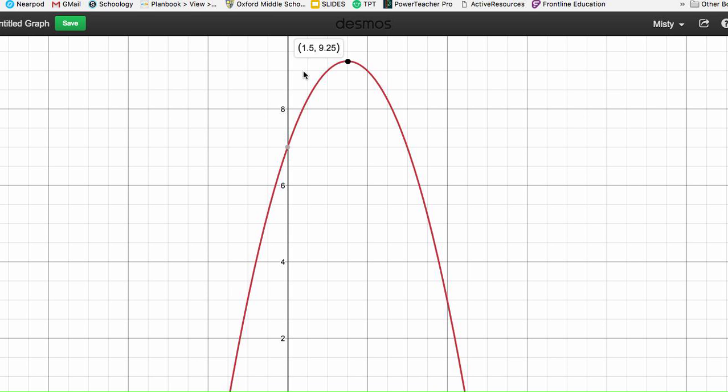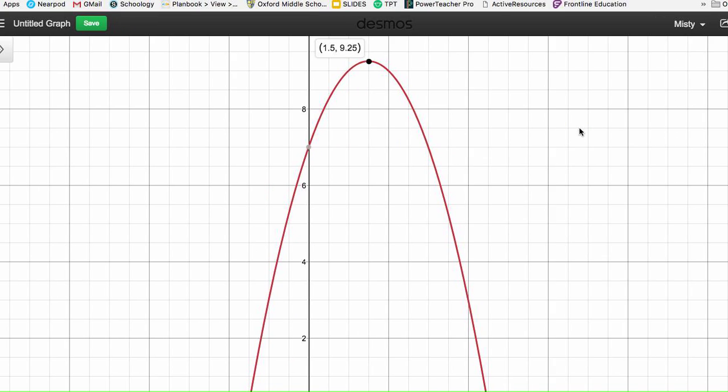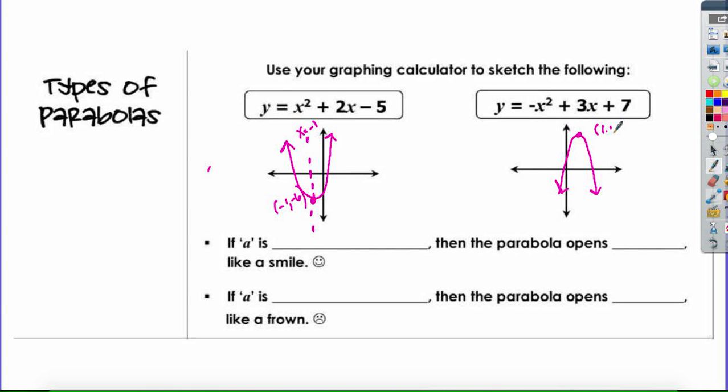So on our notes, we're going to draw that it is facing down. It's just shifted over a little bit. This vertex was happening at 1.5, 9.25. And then this little line where we would be cutting it in half to fold over, also known as the axis of symmetry, is happening when x is 1.5.